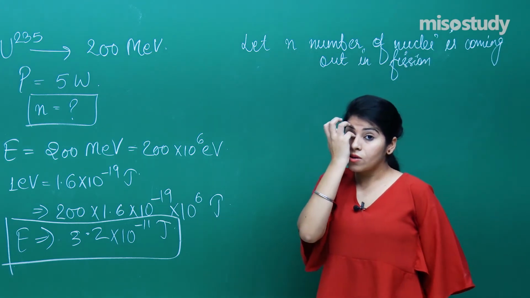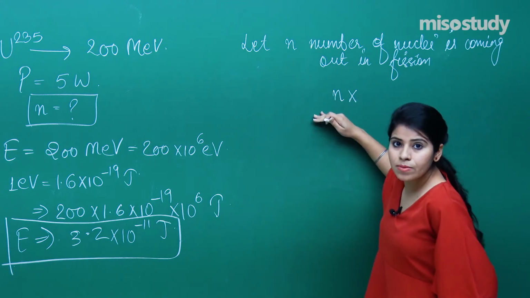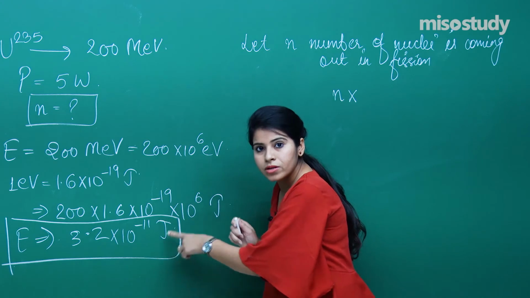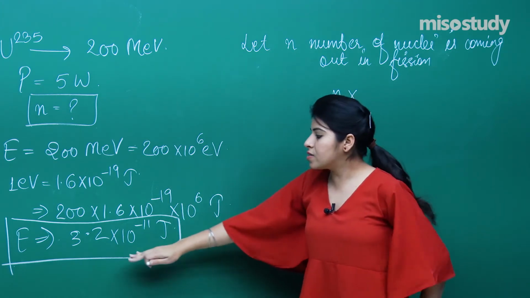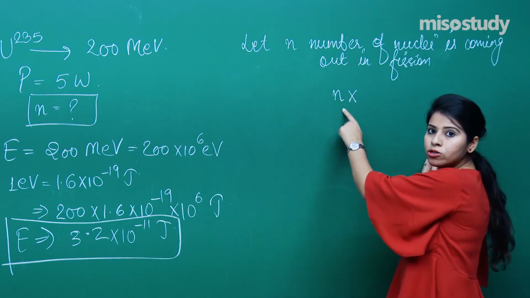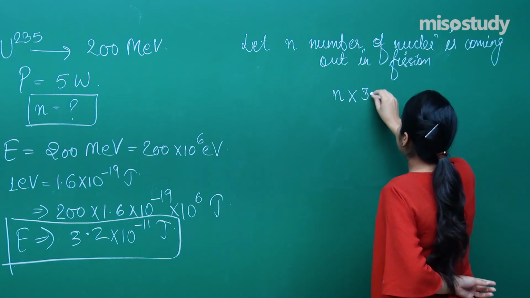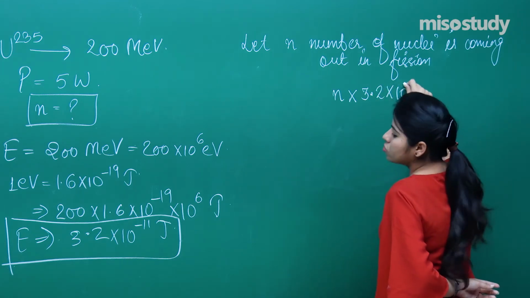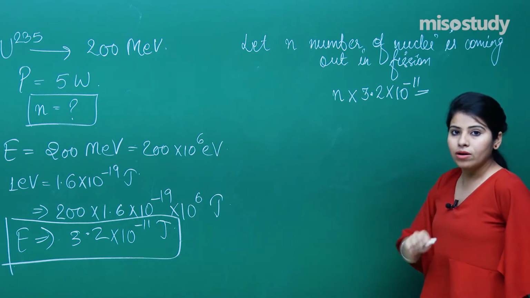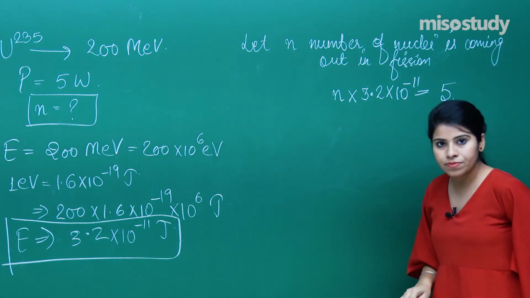Then in that case, if we multiply this N number of nuclei with the energy of one nuclei, that will be your total energy. This is the energy for one nuclei. So the total energy will be the number of nuclei multiplied by this. So N multiplied by 3.2 into 10 raised to the power minus 11 will equal your power. Your power has been given as 5 watt.